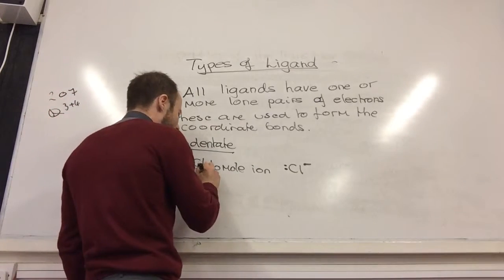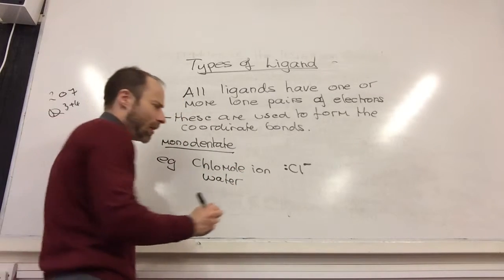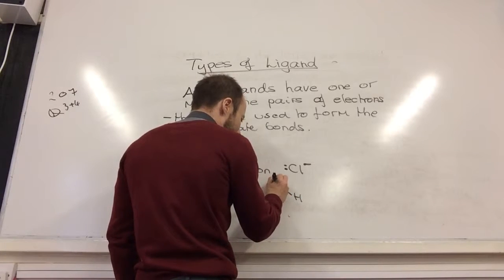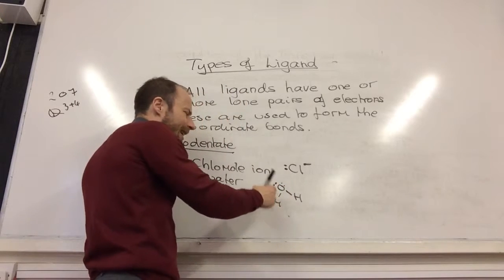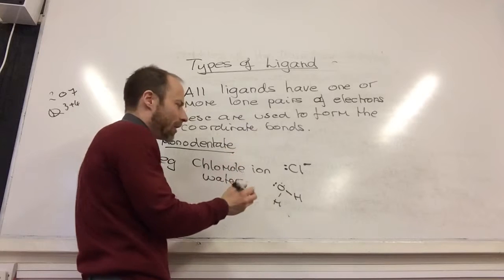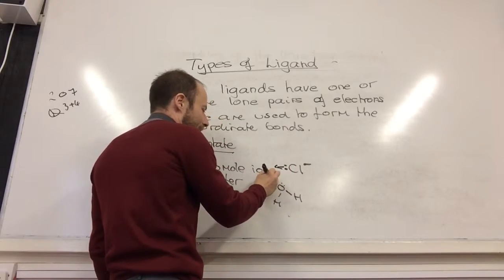Another common one, as a molecule, is water. Water, we know, on the O has got 2 lone pairs, but if they're on the same atom, it can only ever use 1 to form the coordinate bond. So I'm going to put a little arrow next to the lone pair.